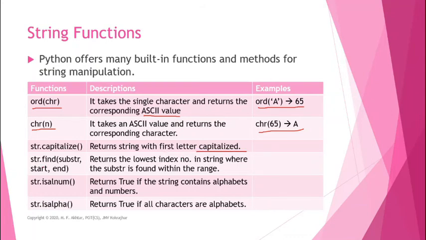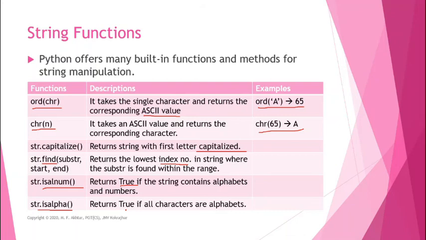Okay, using find we can find the index number of a character or substring in the string. isalnum returns true if the string contains alphabets and numbers. There is the isalpha function. It checks whether the string contains alphabet characters or not.